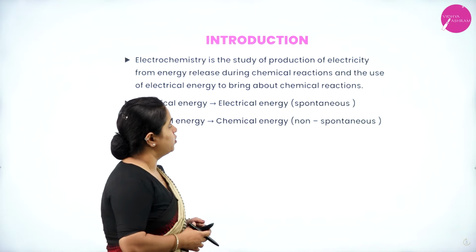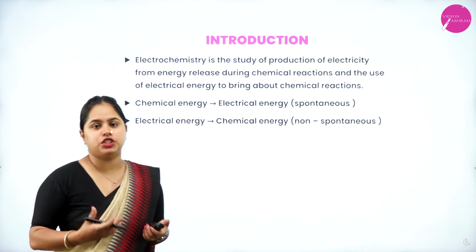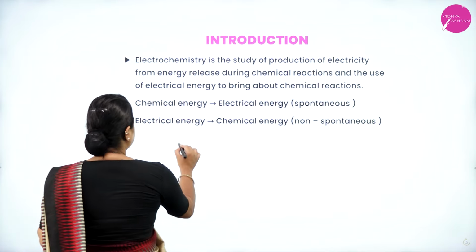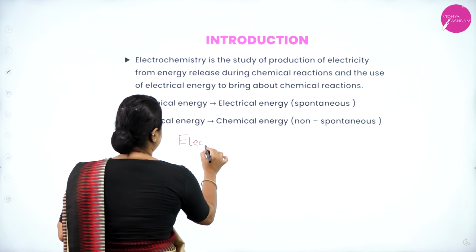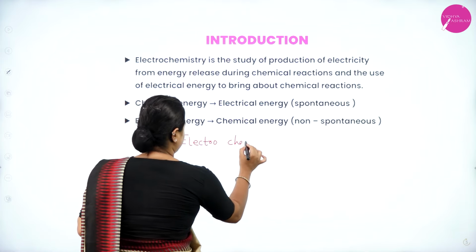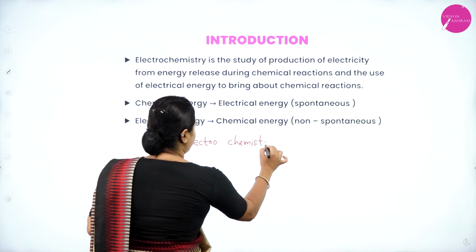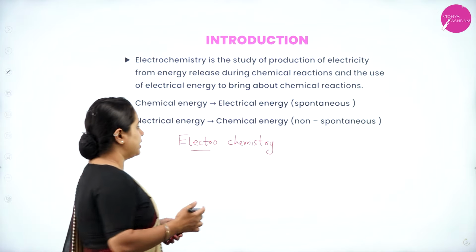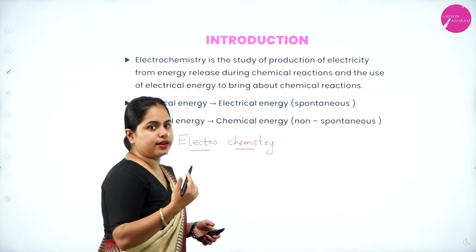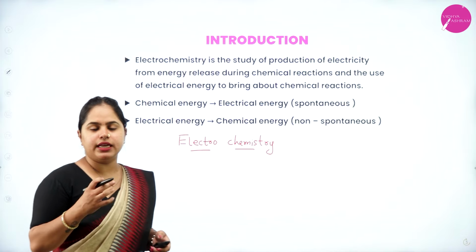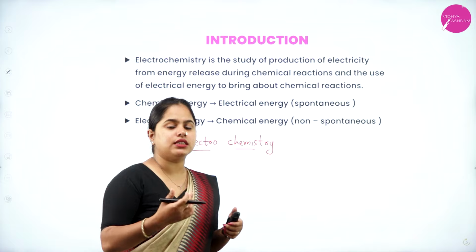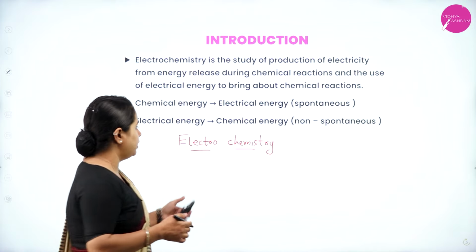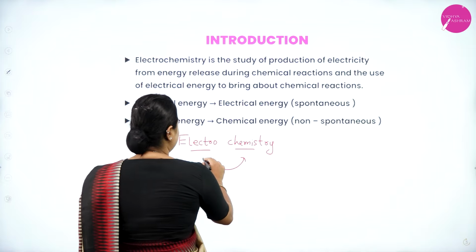So what we are going to study today is about the chapter electrochemistry. Okay, so from the name itself you can understand a few things, electro and chemistry, right? So from this what you can understand, electro stands for electricity and chemistry stands for the chemical reactions. So basically in electrochemistry we are going to study the interconversion between electricity and chemical reactions.